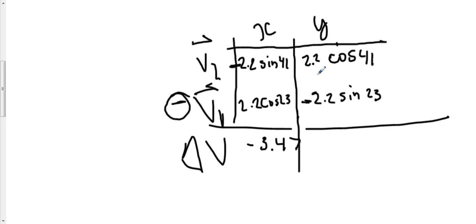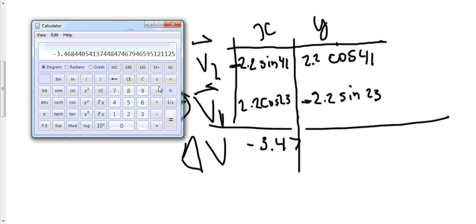Okay, now let's look at the y, and let's enter that into the calculator. So we'll clear this. We have 2.2 times cosine of 41 equals 1.6 whatever.